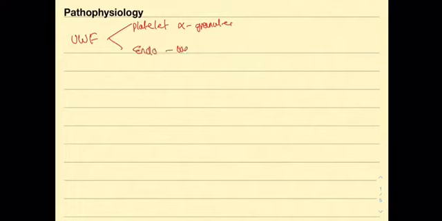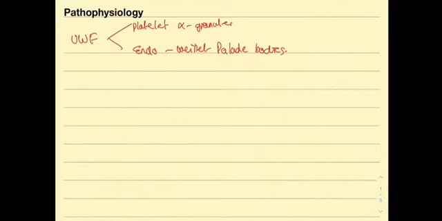Now, to understand the pathophysiology of TTP, we need to understand a bit about von Willebrand factor. Now, if you recall, von Willebrand factor is produced from two locations: platelet alpha granules, as well as endothelial cell structures known as Weibel-Palade bodies.